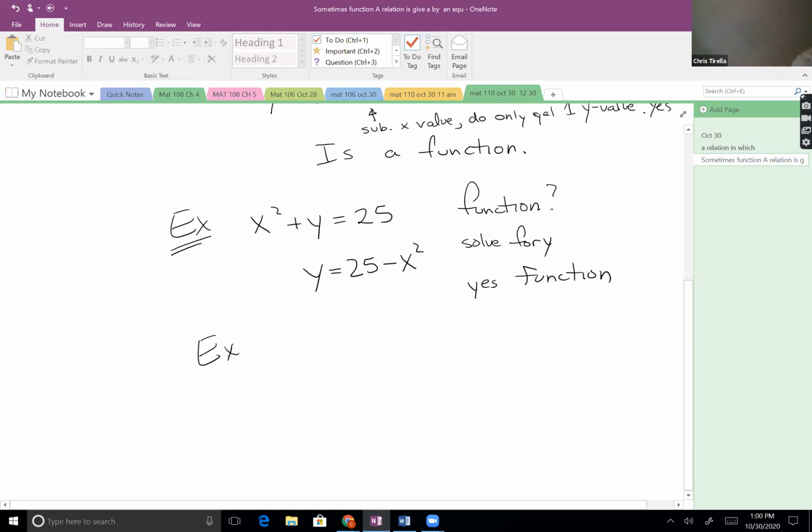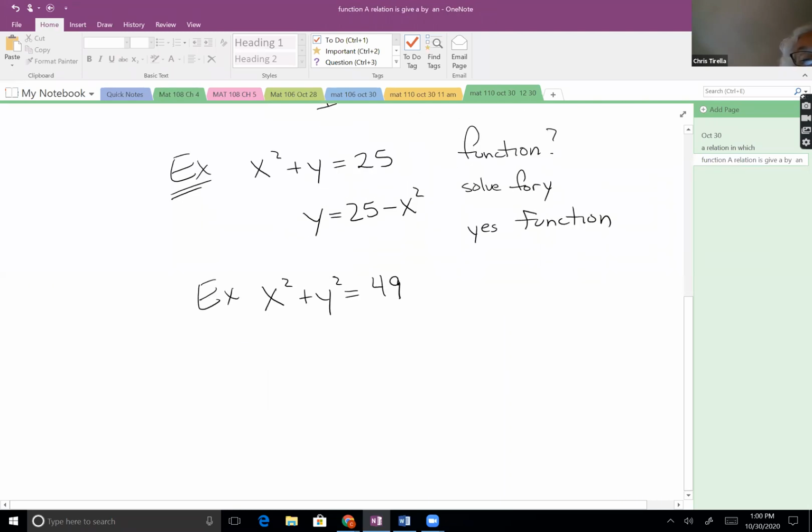So what would it have to look like if it's not a function? Let's say I have instead x squared plus y squared equals 49. Here, if I were to solve for y, I get y squared equals 49 minus x squared. And then if I think of using that square root property to solve for y, when I take the square root of both sides, does everybody remember over here we put a plus and minus sign in front of the radical?